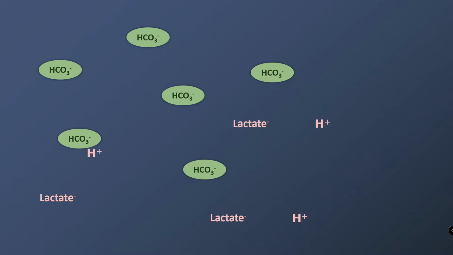So the proton will react with bicarbonate, and bicarbonate will be lost, and this will be converted into H2CO3. In this way it will neutralize the acid, right? Similarly here, it will neutralize the bicarbonate as well as H positive, and we will form H2CO3, right?